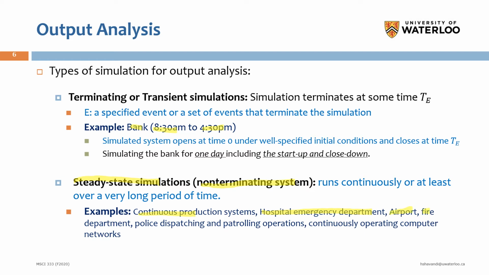Airport, fire department, police dispatching or patrolling operations, and so on. As you see here, all those service systems don't have any closing time, right? They are operating continuously over time.